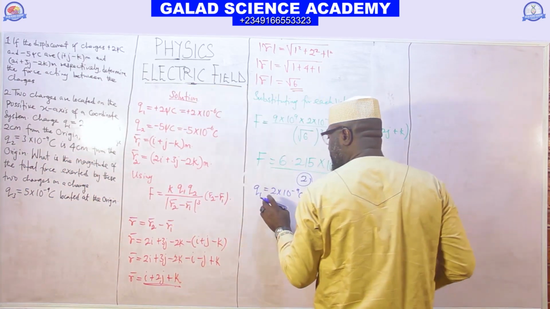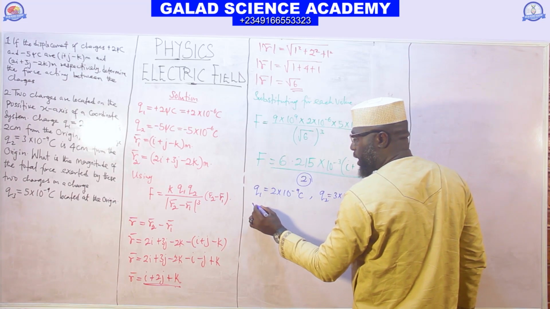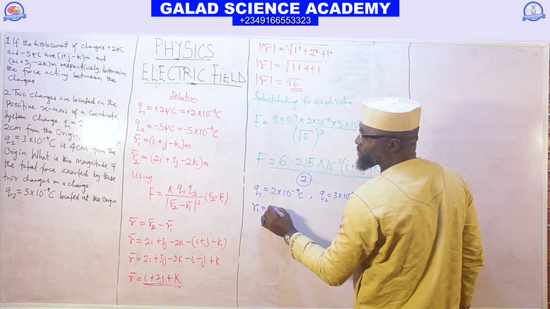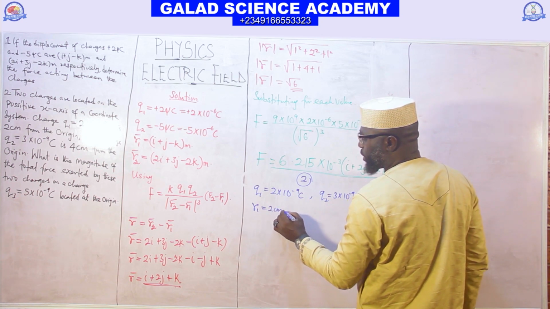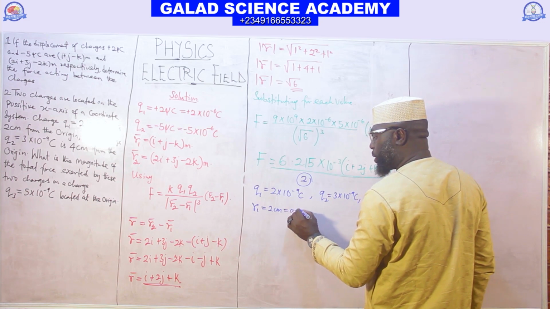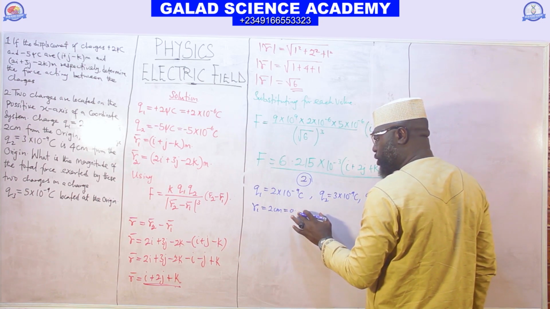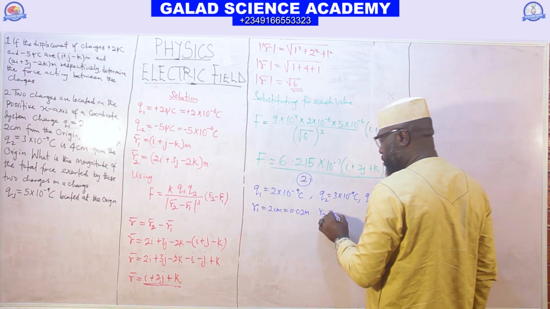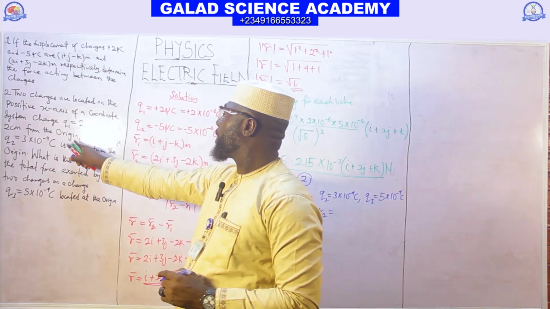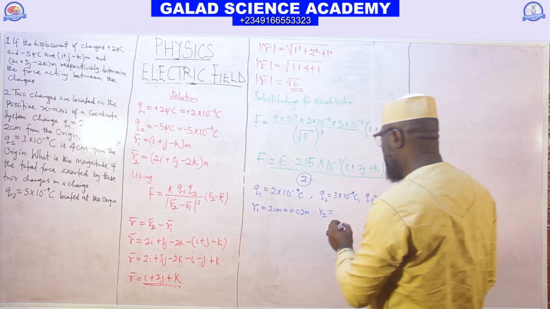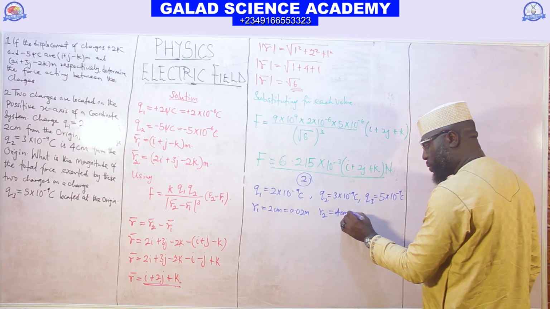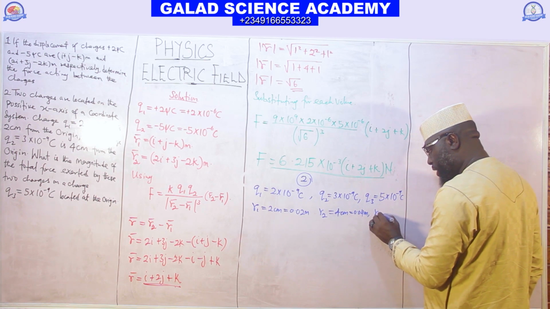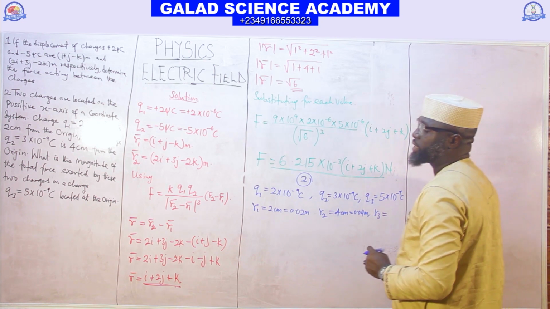That is, R1 is 2 centimeters from origin, which is 0.02 meter. What is R2? R2 is 4 centimeters from origin, which is 0.04 meter. What is R3?